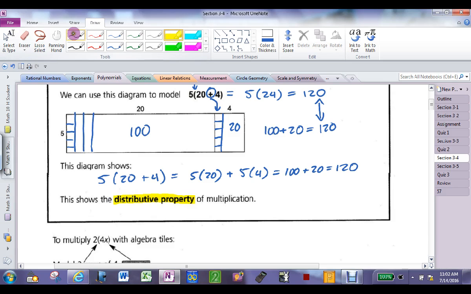And what it means is, if you start with something outside of brackets, and you multiply it by anything inside the brackets, the x, or the coefficient, multiplies to everything inside. So I get x times y plus x times z.